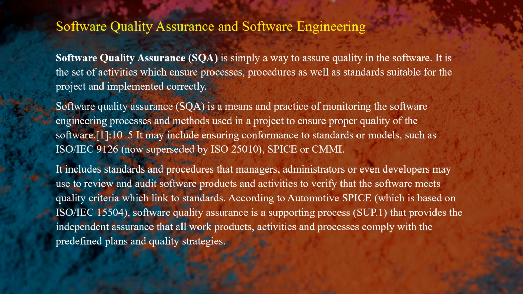According to Automotive SPICE, which is based on ISO/IEC 15504, software quality assurance is a supporting process that provides the independent assurance that all work products, activities, and processes comply with the predefined plans and quality strategies.